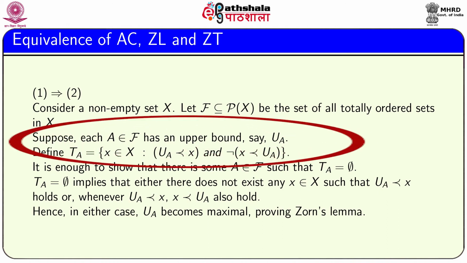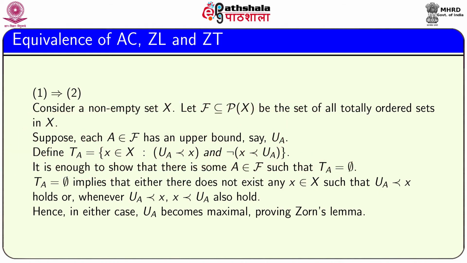Suppose each A belonging to F has an upper bound, and let us call that upper bound U A. Define T A as the collection of all points x from capital X such that U A precedes x and x does not precede U A. It is enough to show that there is some A belonging to script F such that T A is empty.